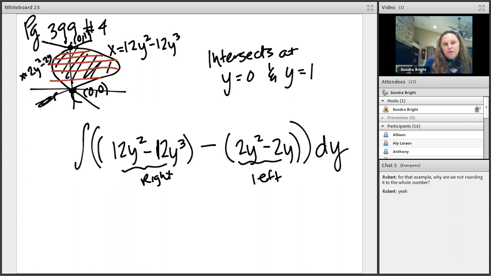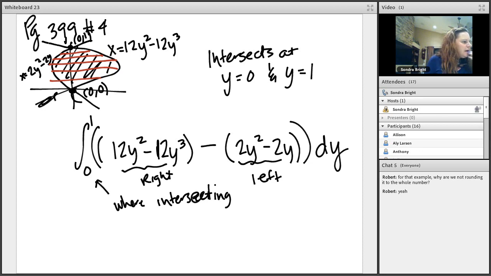And then you're integrating from 0 to 1, because those guys will be where they're intersecting. Those are going to be your limits of integration, where they're intersecting. This thing is so hard to write on.